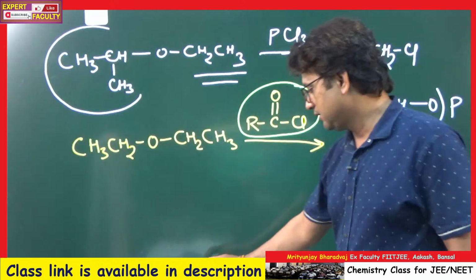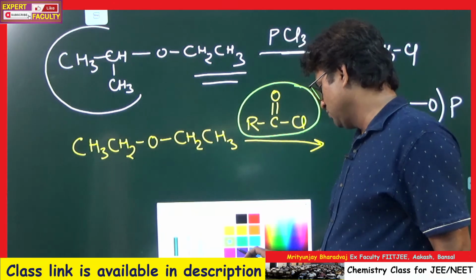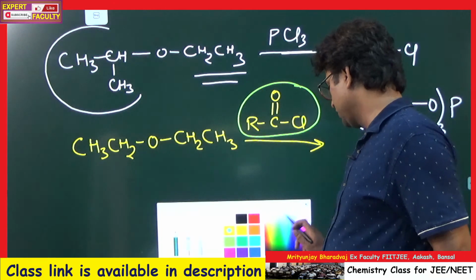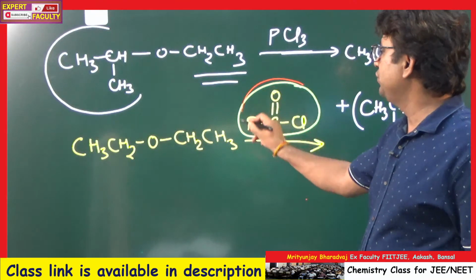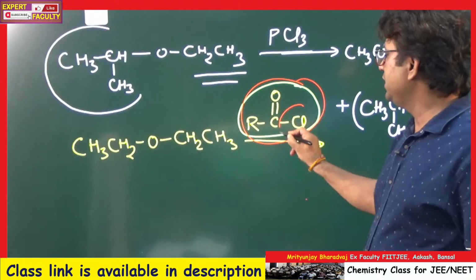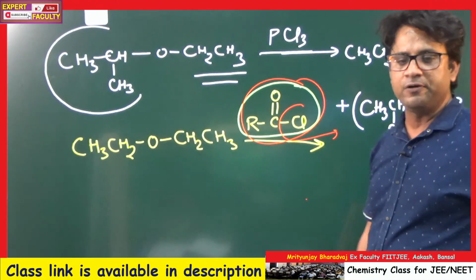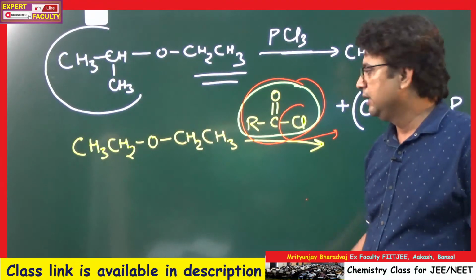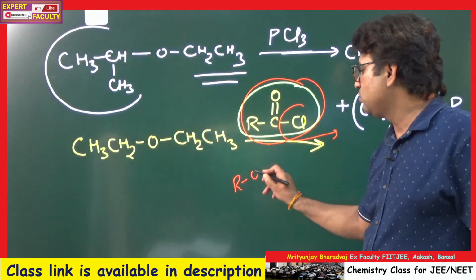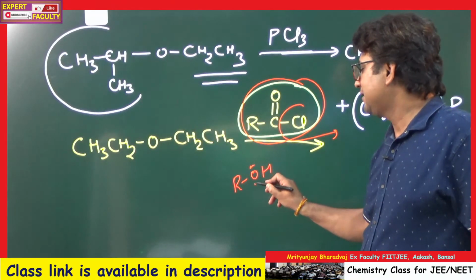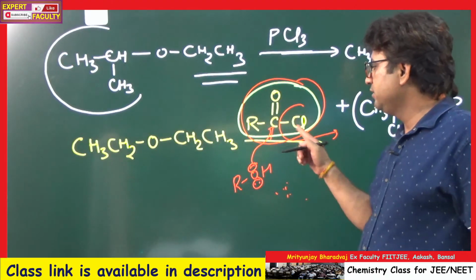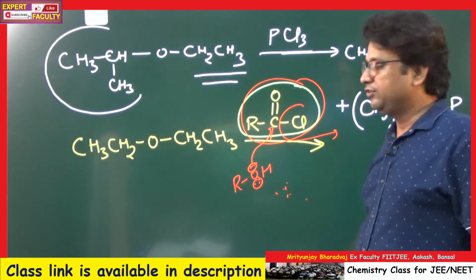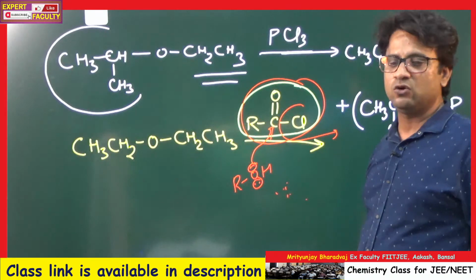Give me a minute, I will explain again. See on the board: if we have this RCOCl, this Cl can act as a good leaving group. And alcohol acts as a nucleophile, then Cl leaves. This is the reaction of alcohol with the acid chloride.